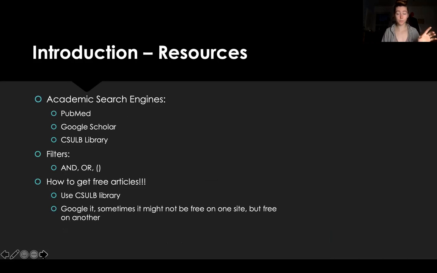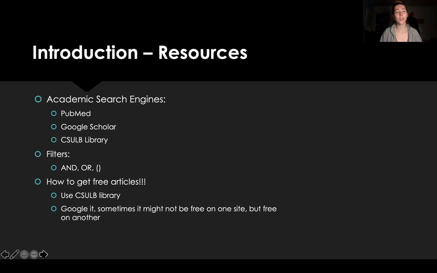And then sometimes, if luck is on my side, the CSU library will have that available, and you can just download that from a site that they give you, or you can even request it on BeachReach, but it depends. Sometimes you might not get the article in time. Sometimes it takes a while for BeachReach to give you your article, so don't always depend on that if you're short on time.